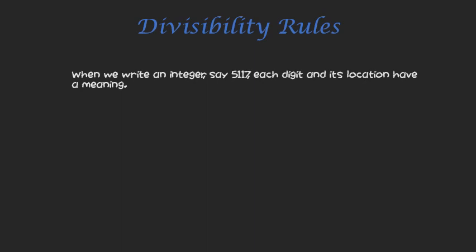So I'm going to write it down, 5,117. And just by how I said it, it's 5,000, so 5 thousands, right? 10 to the third is 1,000. 5 thousands, 100, so 1 times 10 to the 2, 10 to the 2 is 100, and 17. 17 is a bit weirder, but we know that 17 really means 7 and a 10.